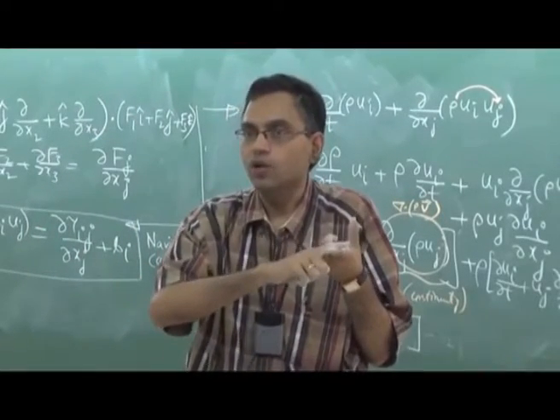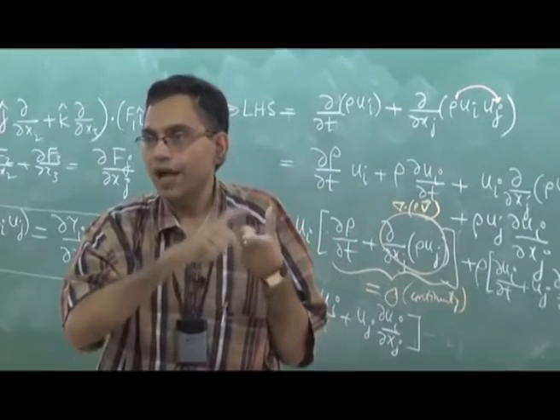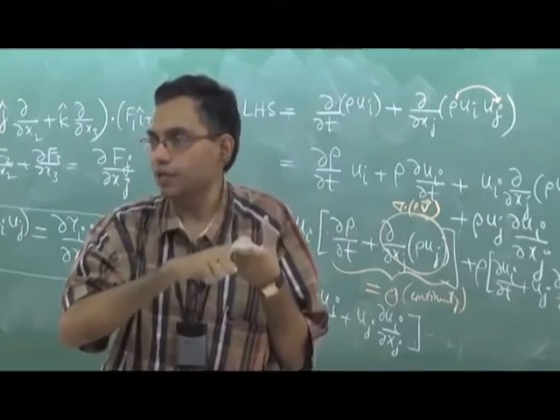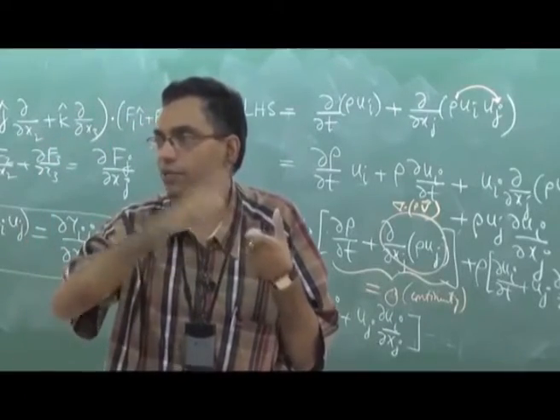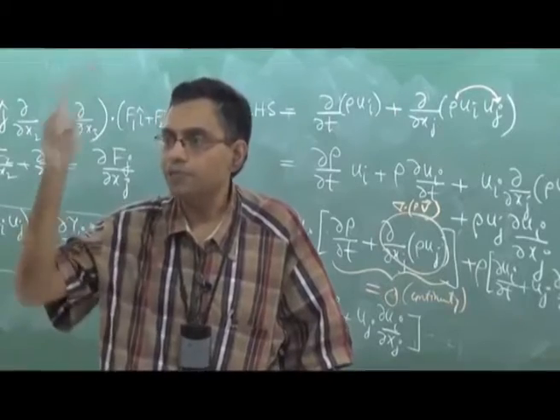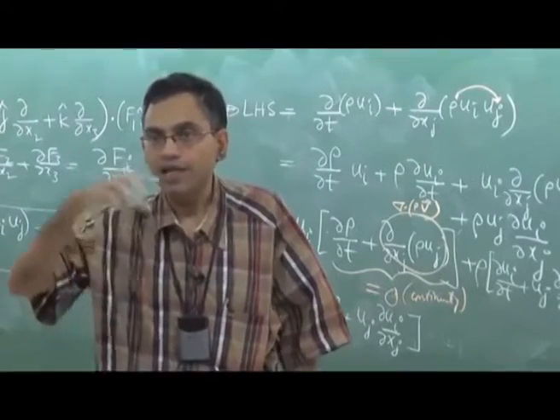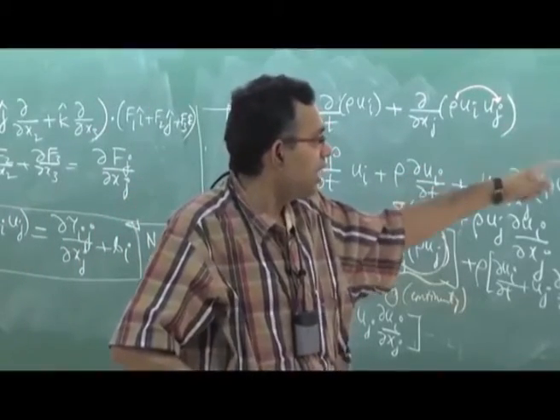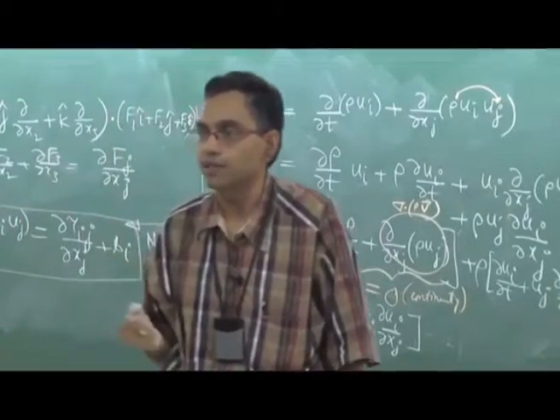For example, when we discussed Cauchy's theorem, we had the normal vector and the traction vector. The normal vector was mapped to the traction vector by means of the second order tensor. So a second order tensor maps a vector onto a vector. Similarly, there is something which will map a second order tensor E to the second order tensor tau, and that is a fourth order tensor.